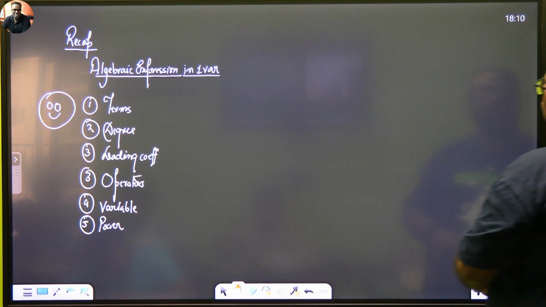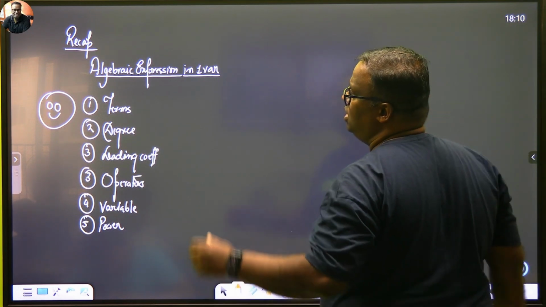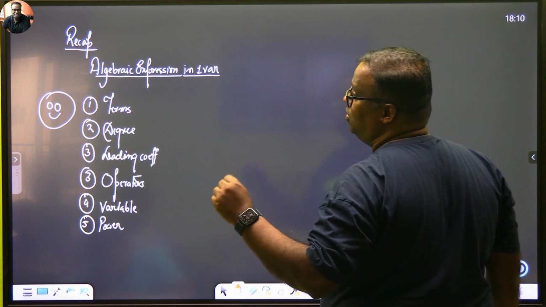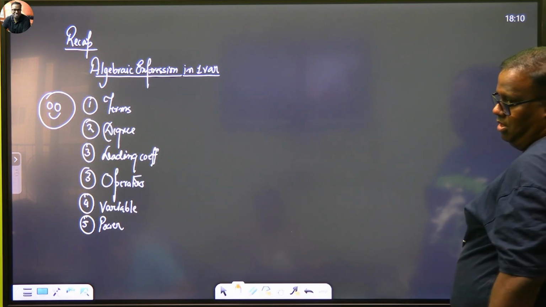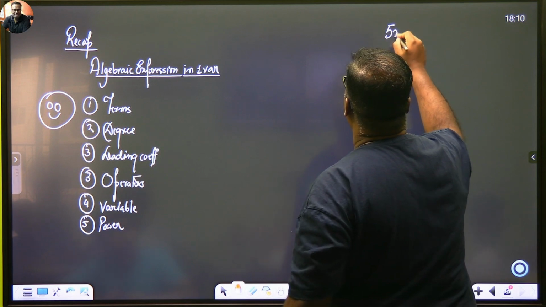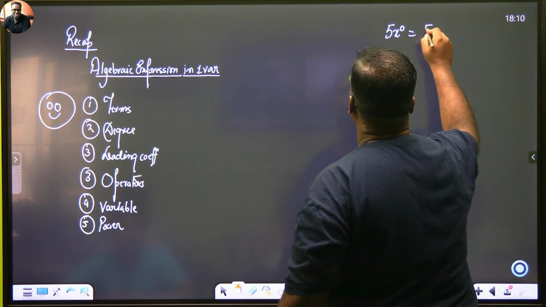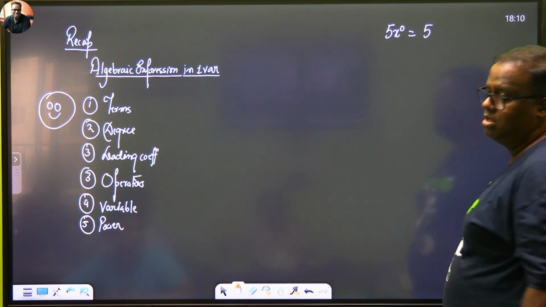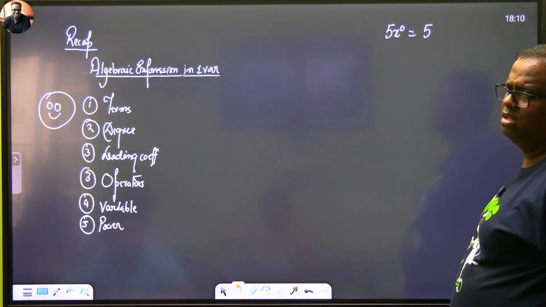Variable equals to 0 means leading coefficient is always the coefficient associated with the highest power variable. 5 can be written as 5 x to the power anything, but you already know the value of x is 0.